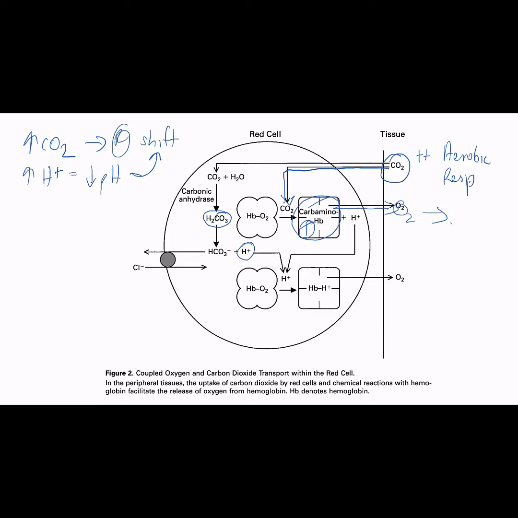That proton combines with the hemoglobin, which locks it in the tense state, kicking off the oxygen from the relaxed state hemoglobin or oxyhemoglobin to make it deoxyhemoglobin or tense state hemoglobin, causing it to lose its oxygen to be available for aerobic respiration in tissues. Have a look at this slide and see if it makes sense.